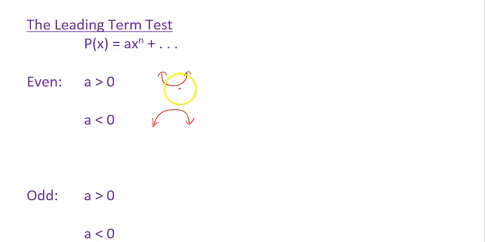Now, the way that we use the leading term test is to talk about what happens on the ends. And the way it's worded here, let's take the positive A, say that we're face up. We will talk about the end saying as x goes to infinity, that would be this right end, because x would go to infinity to the right. What is happening? Well, this graph will be going up. So as x goes to infinity, y goes to infinity.